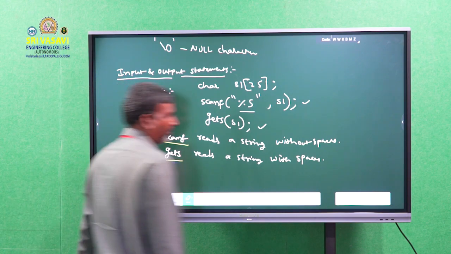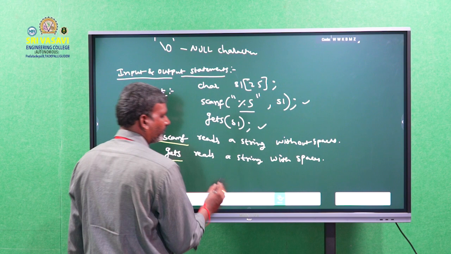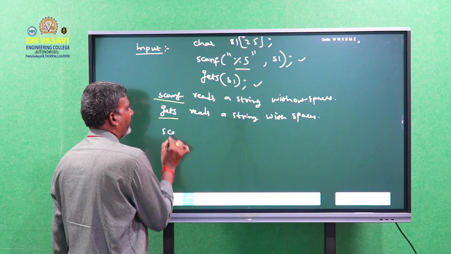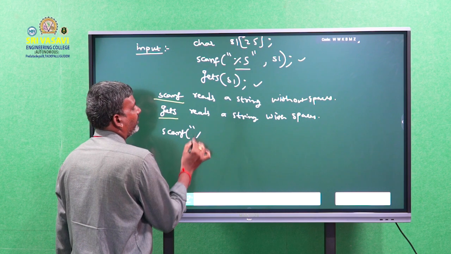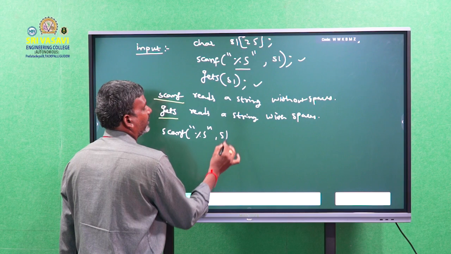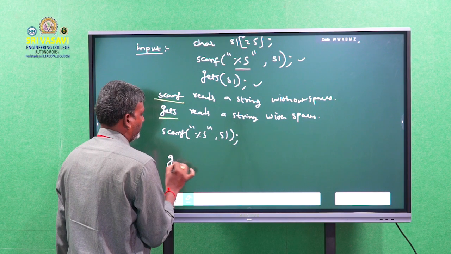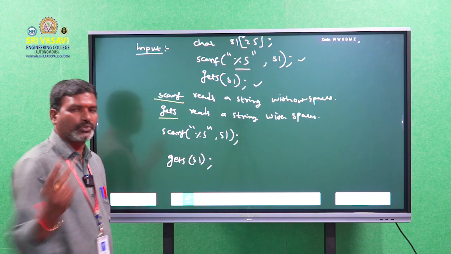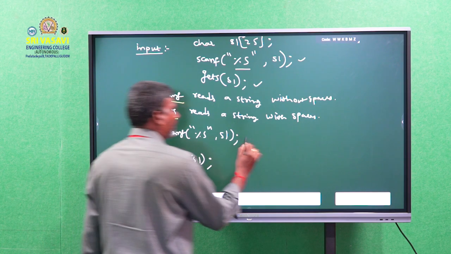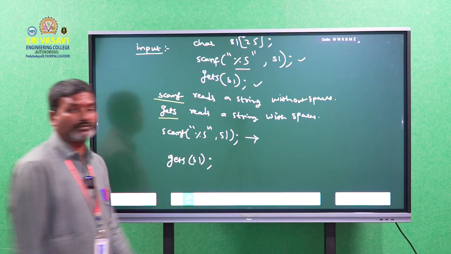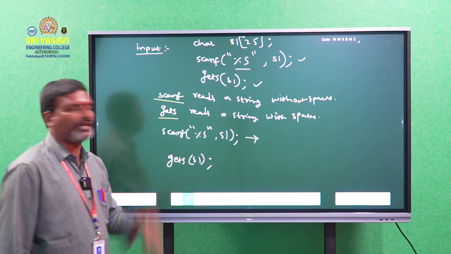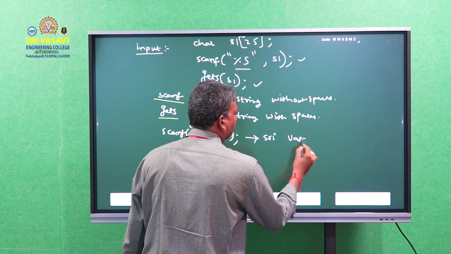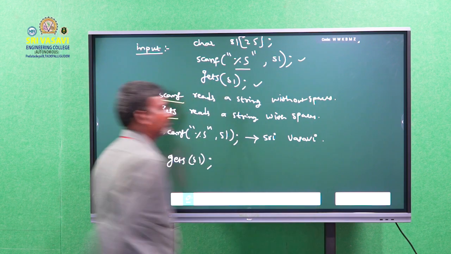For example, scanf percentage s comma s1, and gets of s1. These are two different input statements. I want to enter a string using scanf like this: Sri space Vasavi.